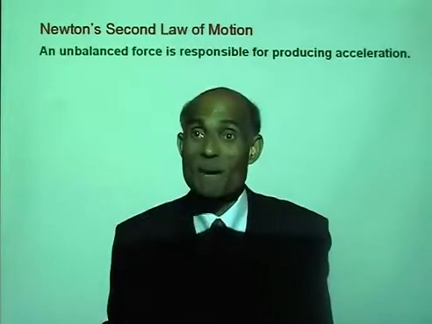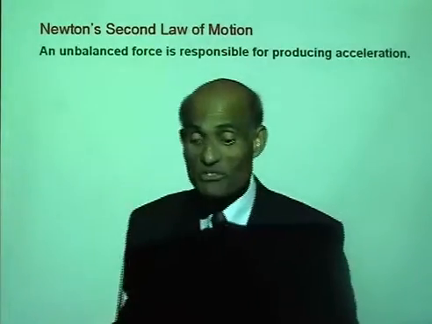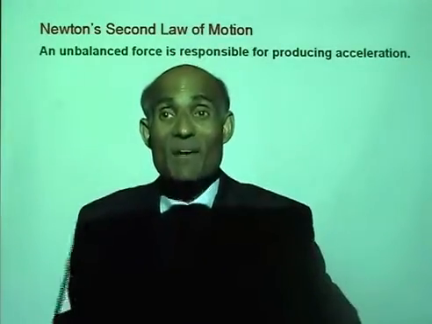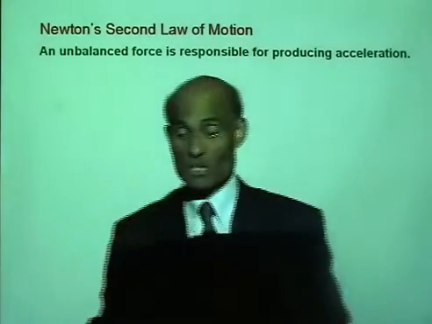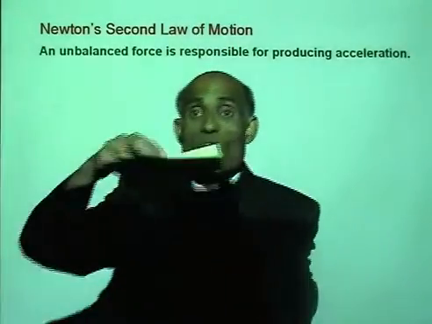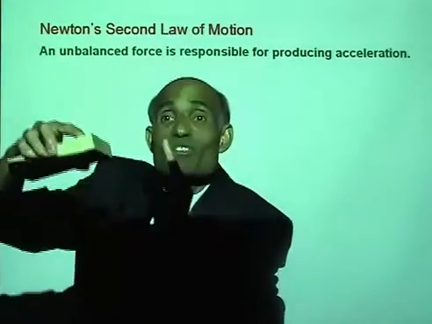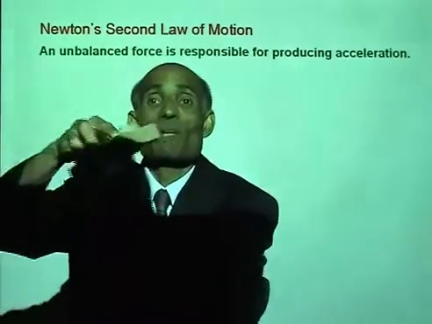Now, when an unbalanced force is acting on an object, what does that unbalanced force do? It is an unbalanced force that produces an acceleration. You see, the moment an object at rest begins to move, its velocity is changing, therefore it is accelerating.